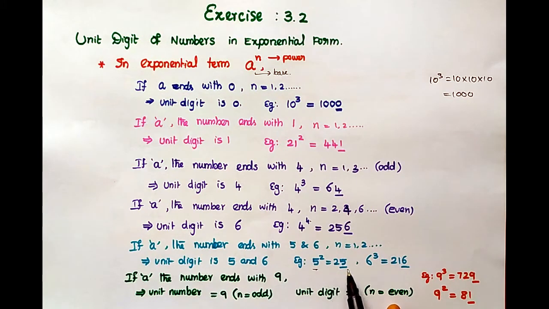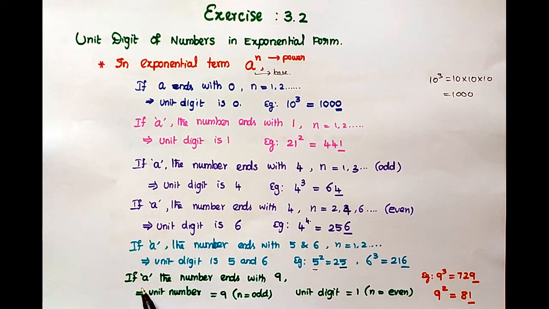It comes with 25, unit digit 5. Next, 6 power anything in natural numbers, we get the unit digit 6. Listen, 6 power 3 equals 216. Its unit digit is 6.